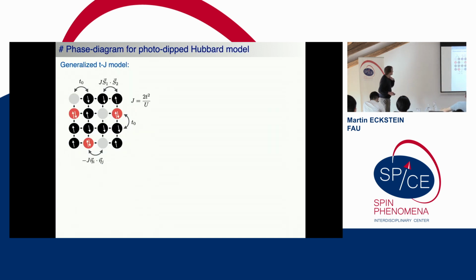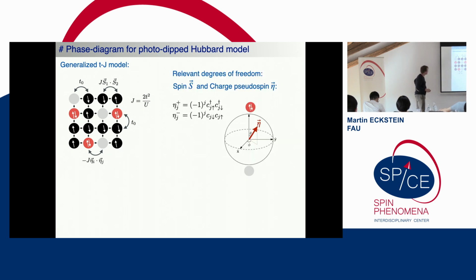The physics you expect is that one instability you can expect in such a system is an eta-pairing type of superconductivity, which is also being discussed in the talk by Dieter Jaksch. You can understand it best by saying that if you just look at these charge states, they also form a charge pseudospin.